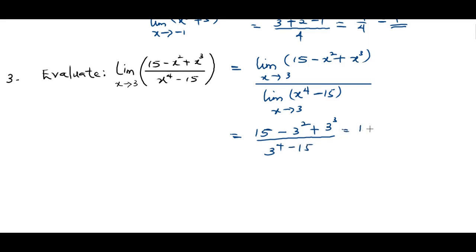So this is 15 minus 9 plus 27, and 3 to the power of 4 is simply 81. So that is 81 minus 15. So we have 15 plus 27, and that will give us 42. 42 minus 9, that is 33. All over 81 minus 15.